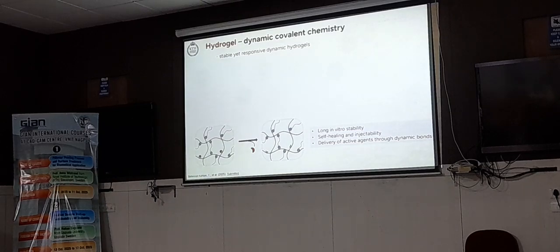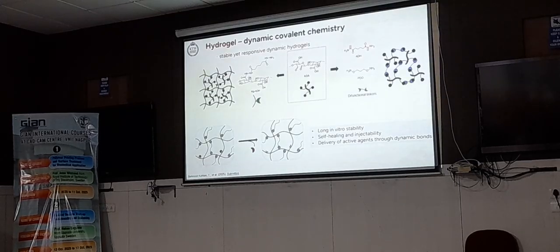Otherwise, of course, you could just use covalent crosslinks in order to increase the in vitro stability, but we wanted to also keep the stress relaxation and viscoelasticity properties here. So what we then played around with was another system.